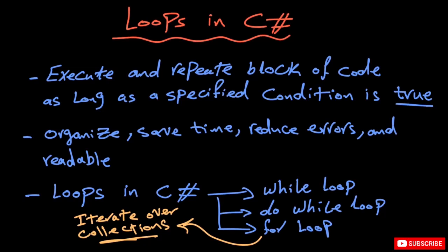And if the condition is false, the program will be finished. Also, you can use the for loop to iterate over a collection of values. For example, you can use the for loop to iterate over array elements. That's all about it, and I'll show you all of that practically in this course.